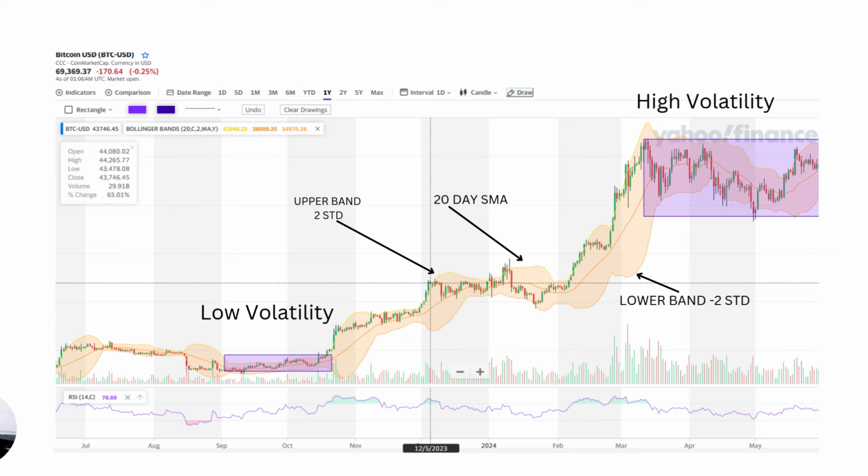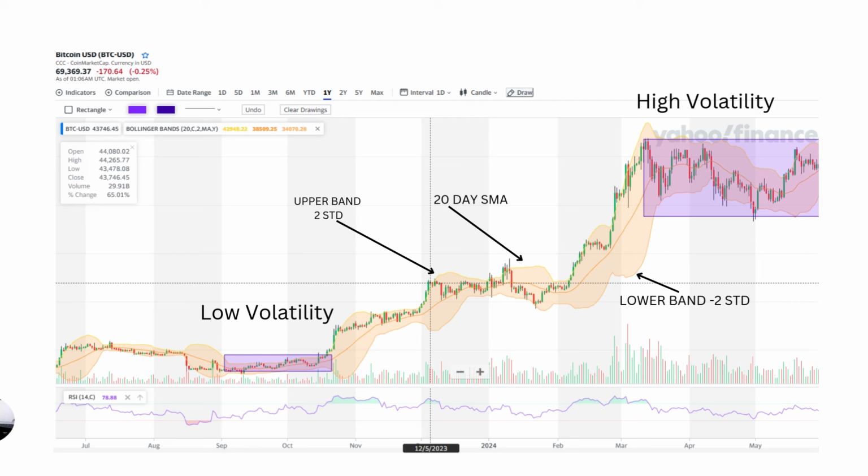So here we have the Bitcoin chart over the last 12 months. And what we have imposed on the Bitcoin chart is a Bollinger Band. And the Bollinger Band, as we have said before, has three lines. The outer band is called the upper band. That is two standard deviations away from the 20-day SMA.